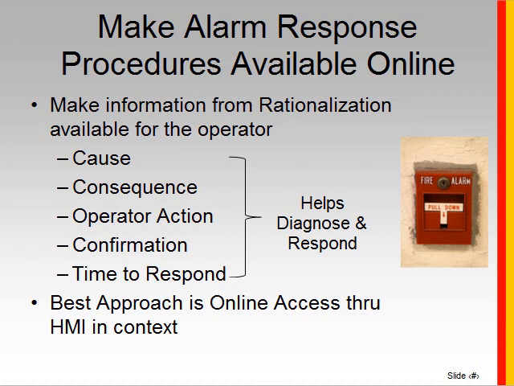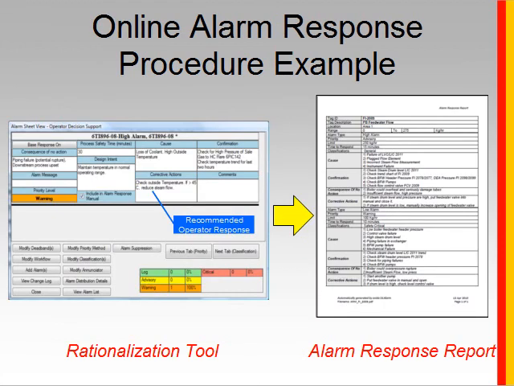Well, all that information obviously would be very valuable to present to an operator when an alarm occurs. So when a certain alarm occurs, let's pop up the information that we defined during rationalization related to that alarm and present him with that information, which should significantly help him diagnose and perform the corrective action quicker and more accurately. So that's the goal of this.